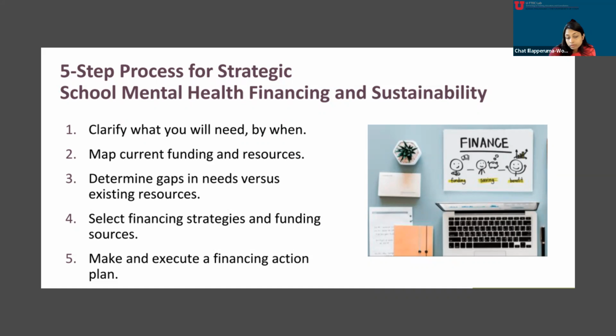School mental health providers are also well aware of different funding sources and options. Them as a team can brainstorm, okay, given that we've identified what we need, we know what resources we have, and we know what gaps we have, what are some ideal funding sources that we should start thinking about? And then lastly, create a financing action plan, and then you execute it once you have your funding.